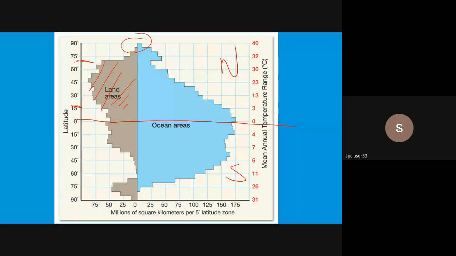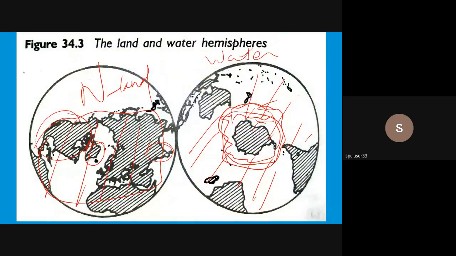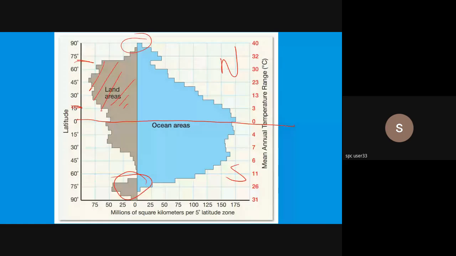As you move towards the southern hemisphere, the maximum amount of land is around 30 degrees of latitude. As you go further down, it goes tapering, with an exception that all the way down you have the Antarctic continent, which occupies the South Pole. So you don't have much water near the South Pole. These are a few other observations that we have to keep in mind when we speak about distribution of land and water: the northern hemisphere, the land hemisphere, and the southern hemisphere, the water hemisphere.